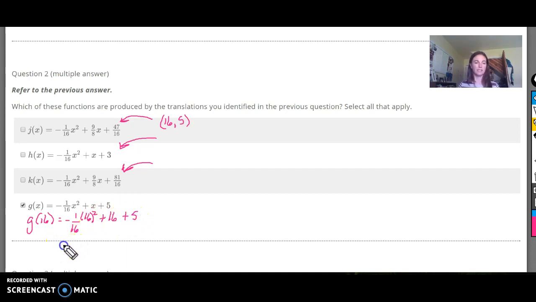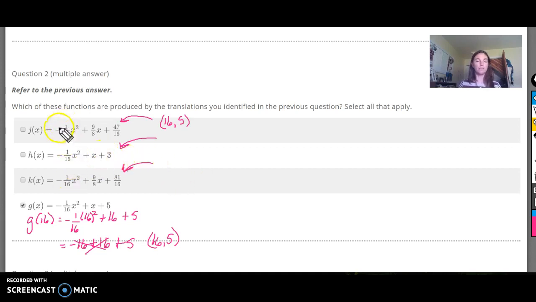This simplifies to negative 16 plus 16 plus 5. These cancel out, so I know I have a point at 16 and 5. That's a very good check to make sure that one works. Now for the rest of these, I just need to see which one will work with the point 16 and 5.